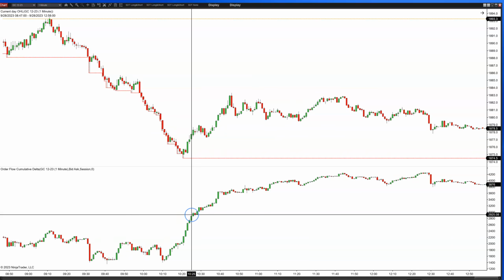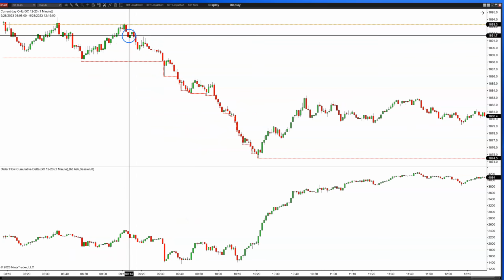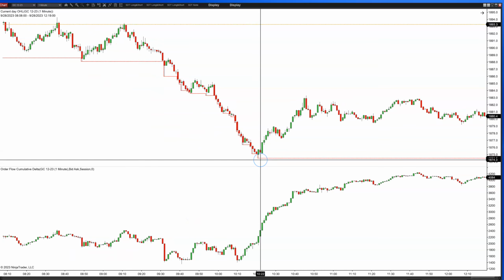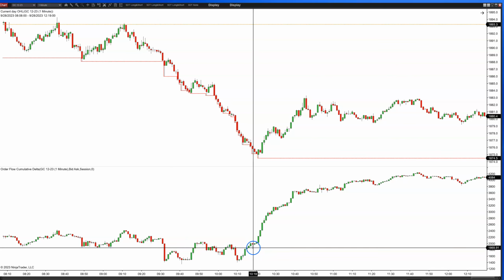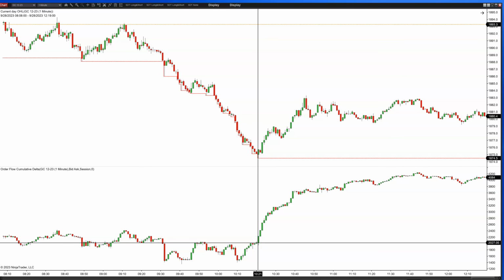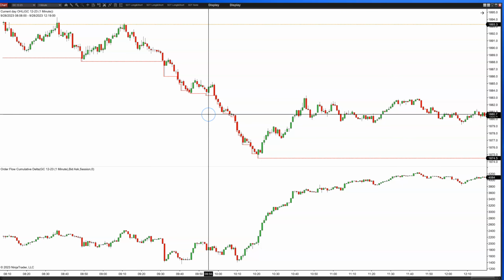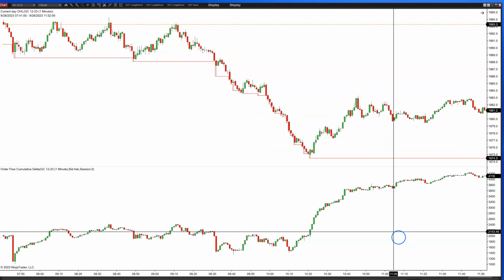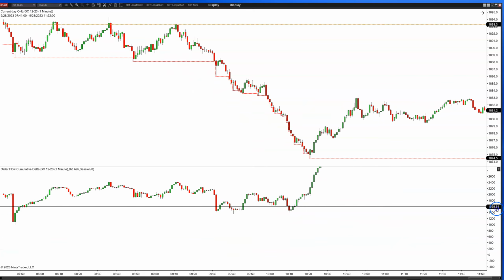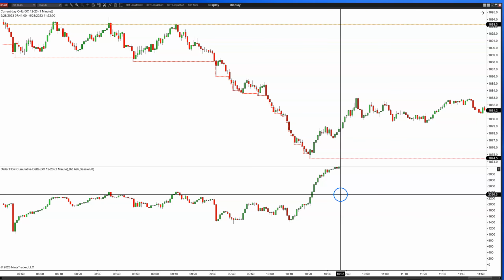But really, the telling thing was markets selling off, cumulative delta basically going sideways to higher. Because basically, if the market is selling off, right, what do you expect the cumulative delta to be doing?